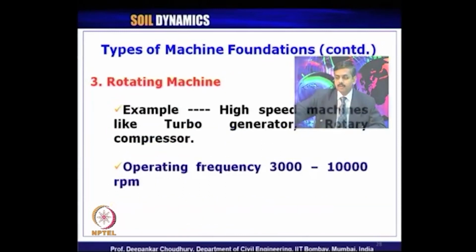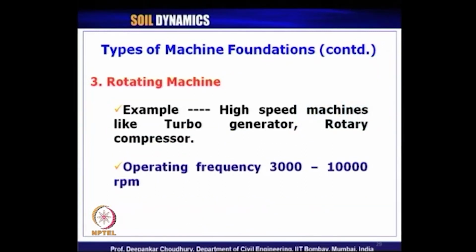Coming to the next, that is the third category of machine, which is the rotating type of machine. Examples: high speed machines like turbo generators, like in power plants we use turbo generators, and rotary compressors. These come under rotating type of machine, very high speed machines. And what are the typical ranges of their operating frequency?